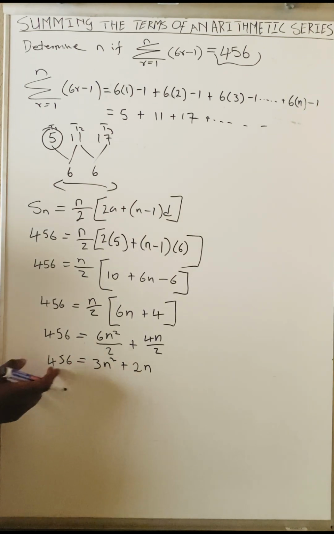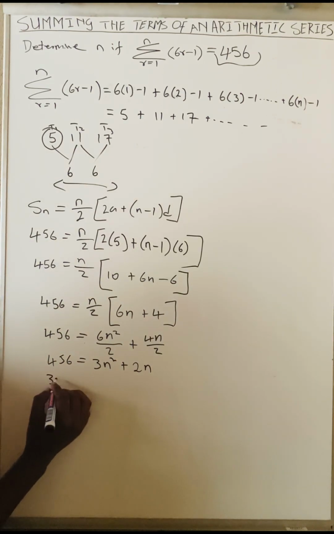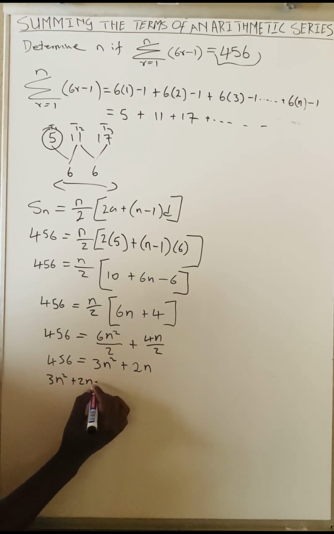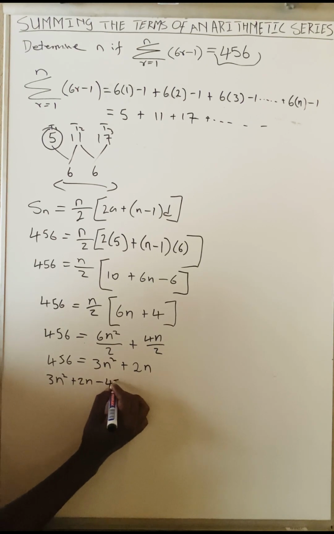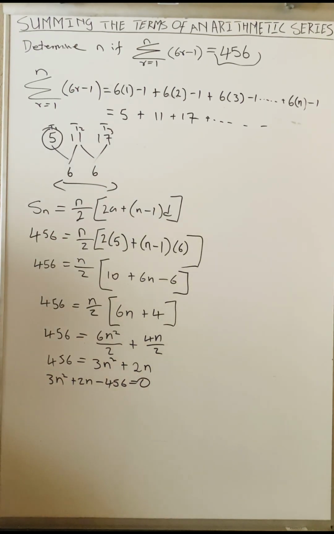From here, you take this one to the other side so you can start factorizing: 3n squared plus 2n minus 456 is equal to 0.